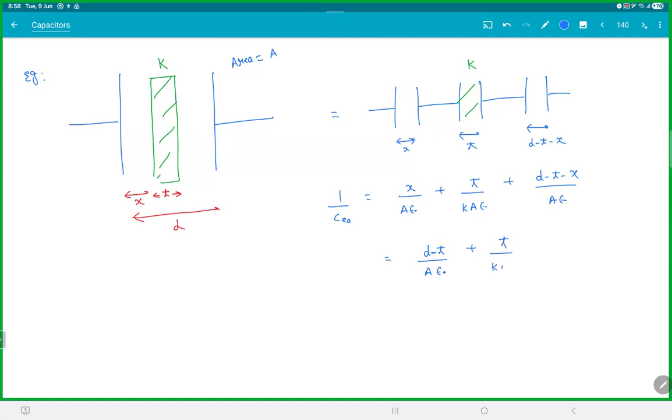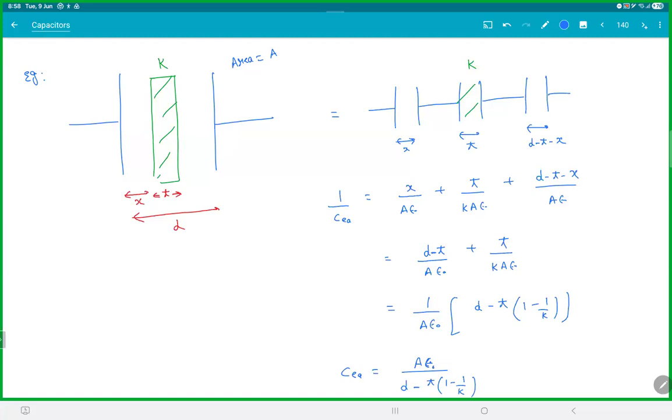Take out 1 by A epsilon common. You end up with D minus T plus T by K, that is D minus T into 1 minus 1 by K. Reverse this. So we get C equivalent is equal to A epsilon by D minus T, 1 minus 1 by K. That's your result there.